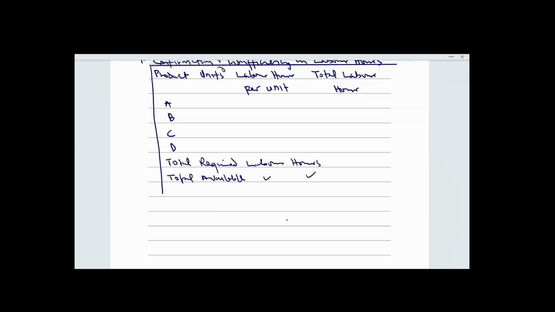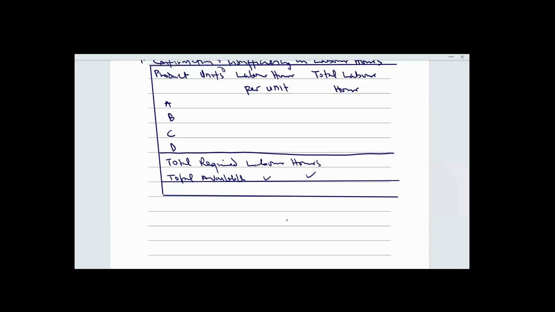Let me complete my table. We want to know whether it will result in a shortfall or a surplus.